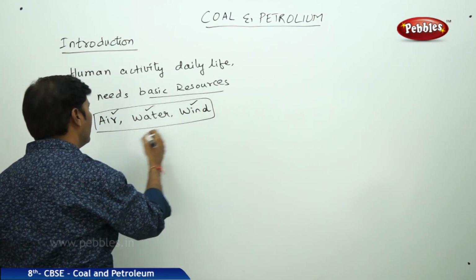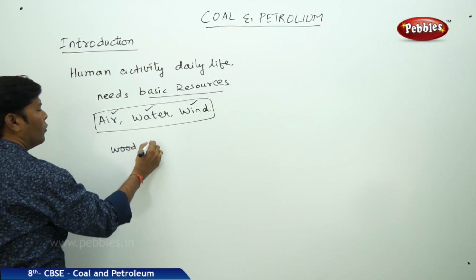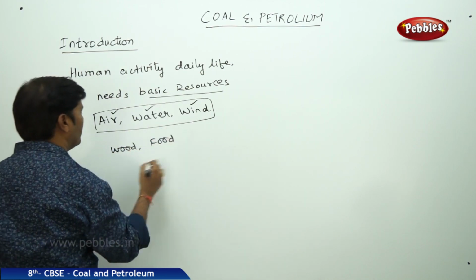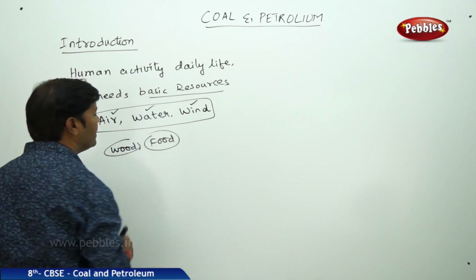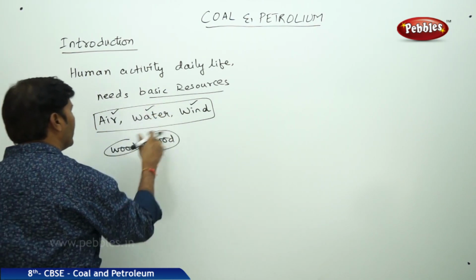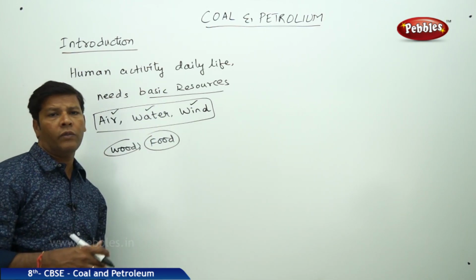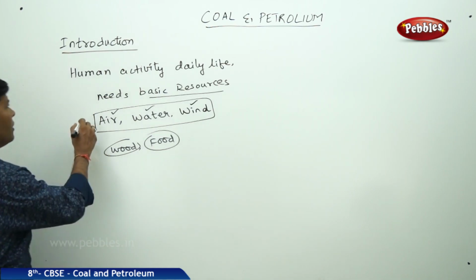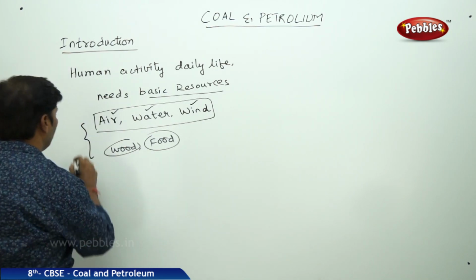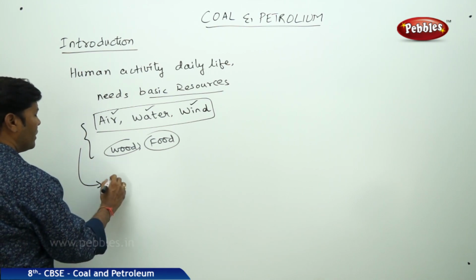Air, water, wind, then you can take wood, then food, whatnot. You can add as many needs as possible. From this classification of air, water, wind, wood and food, so on and so forth, the basic needs are broadly classified into two types.